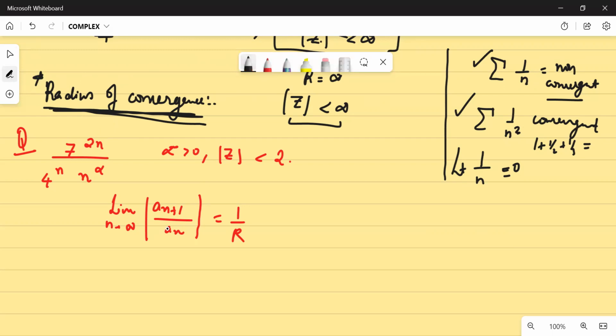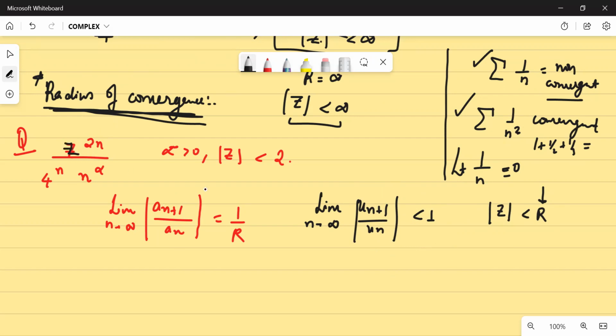So what you do, instead of using this formula, just use this formula. Limit n tends to infinity, |u_(n+1) / u_n| should be less than 1. Okay. So this will give you a region of convergence. So this will give you what? This will give you a region of convergence. And region of convergence is this kind of form. So whatever is on your right hand side is the radius of convergence. ये भी कर सकते हो, I have no issues, but the only point is you will have to make certain transformation with regards to this.